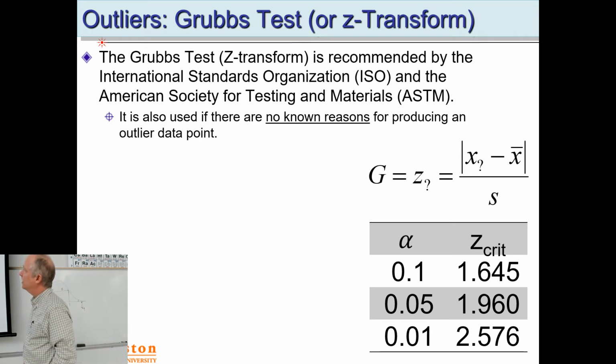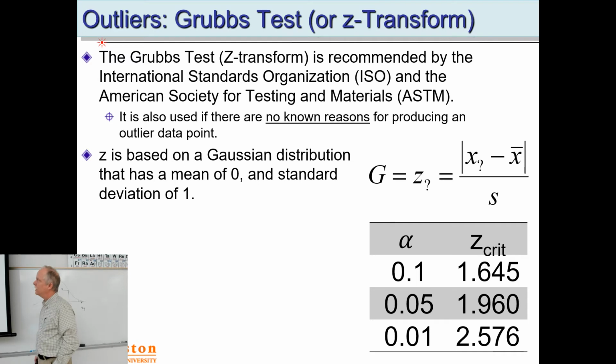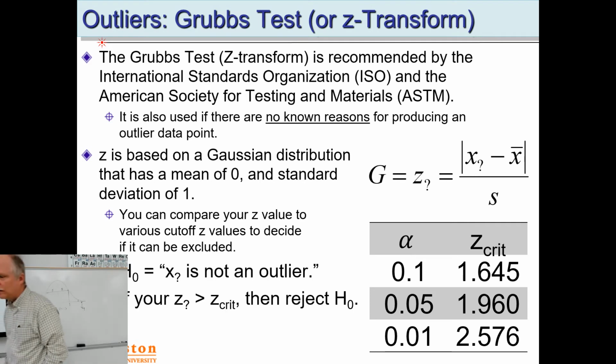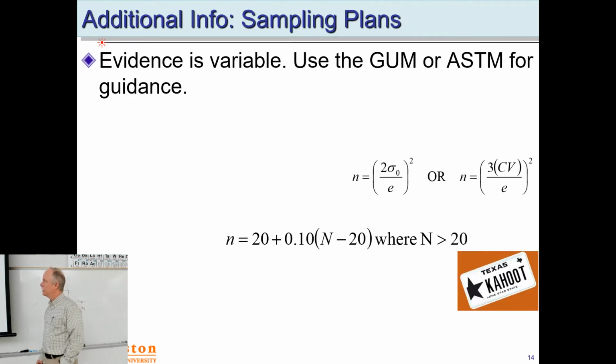Again, it's used if there's no known reason for rejecting that data point. The null hypothesis is that it's not an outlier, but if z questioned is greater than z critical, from the z table based upon your alpha value, then you reject H0.